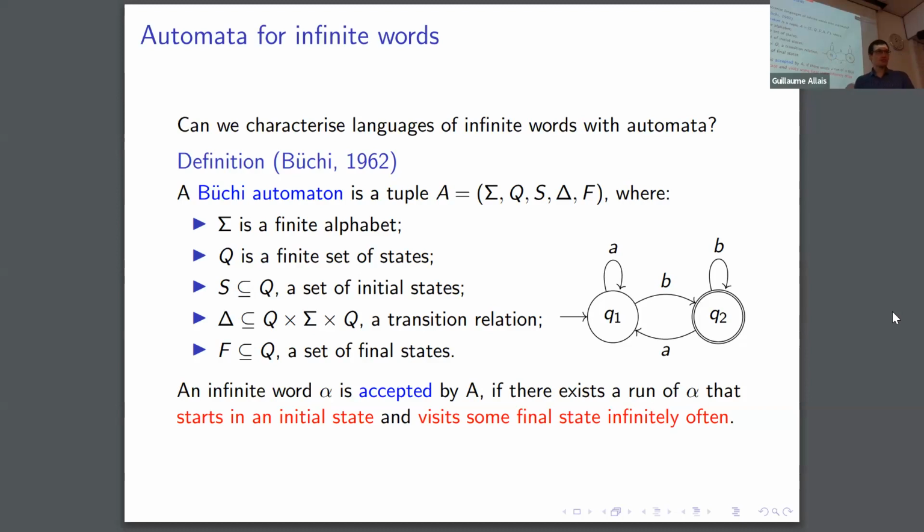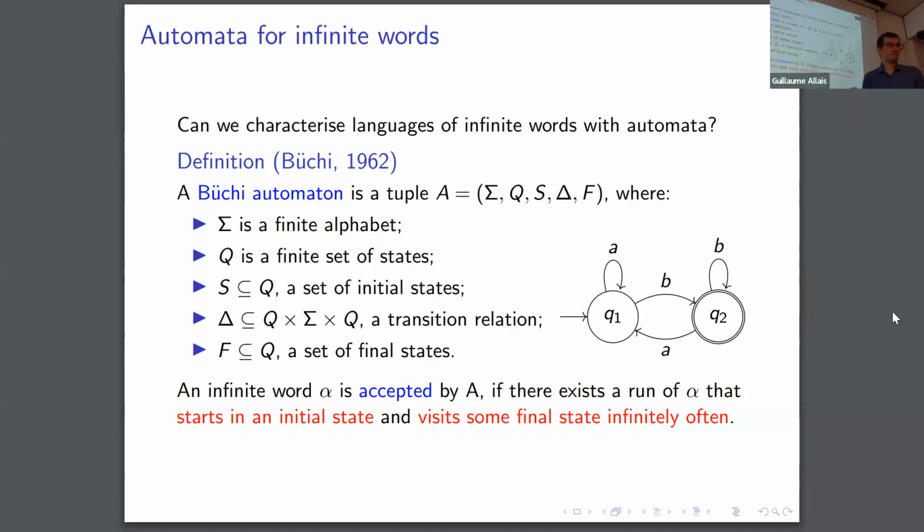What actually differs from DFAs or NFAs is how we determine whether some word is accepted. And so this infinite word alpha is accepted if there exists some run in this automaton that starts with some initial state and it visits some final state infinitely often. So it doesn't ever terminate somewhere, but it keeps going on, and it needs to visit a final state infinitely many times.